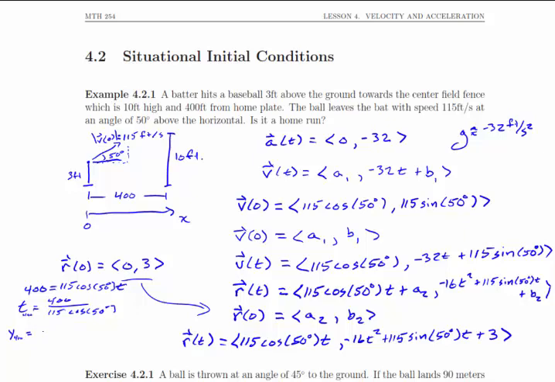This is going to equal negative 16 times 400 over 115 cosine of 50 degrees, squared, plus 115 sine of 50 degrees times 400 over 115 cosine of 50 degrees, plus 3, and we'll plug this into the calculator.